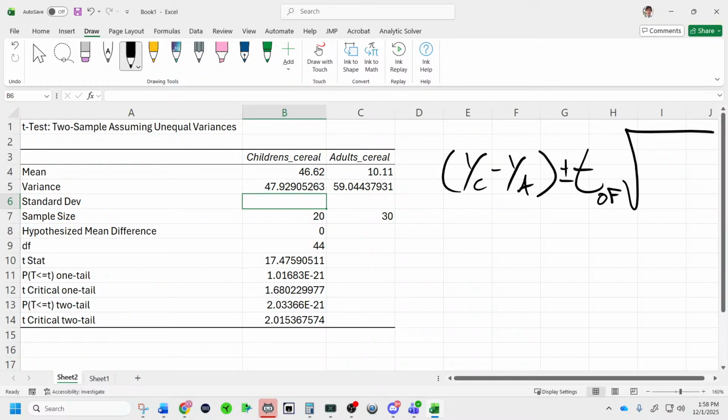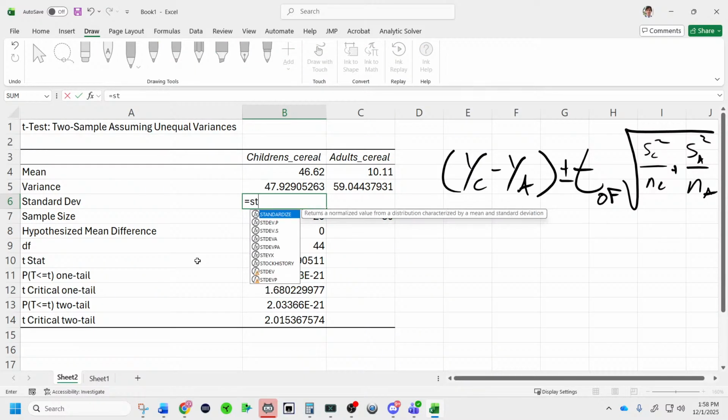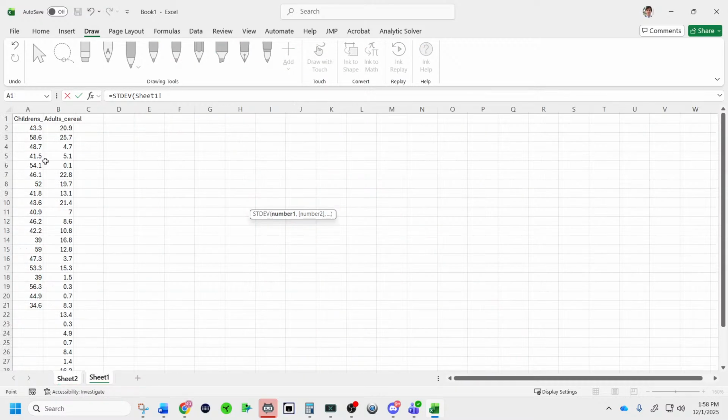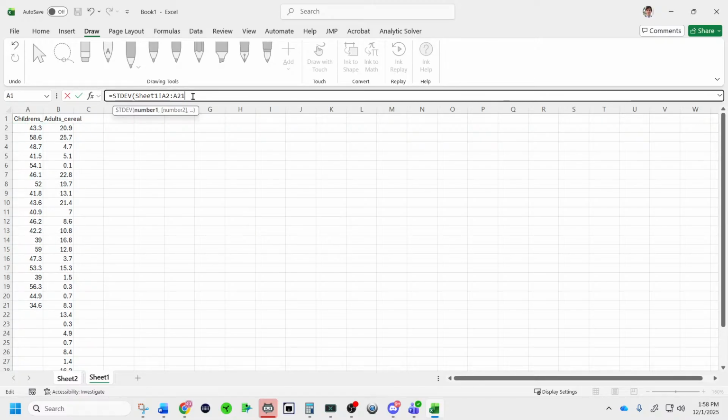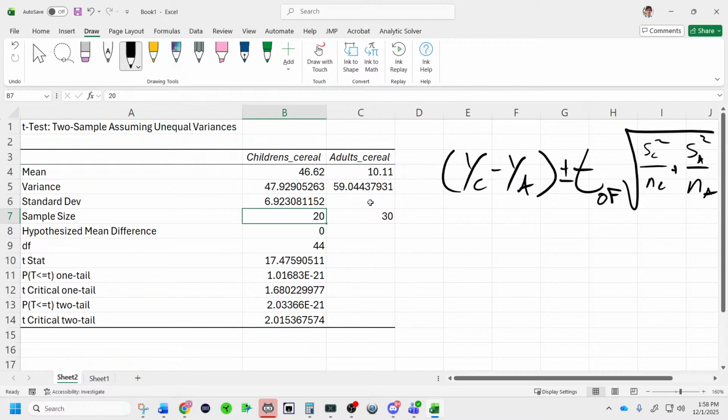Then square root s sub children squared over n sub children plus s sub adult squared over n sub adult. There we go. So we're going to solve this formula right here, and we just need the standard deviation for children. So let's type equals standard deviation right there, and then we go back to the original sheet. We grab the data, and then we close it off. And there's that value right there.